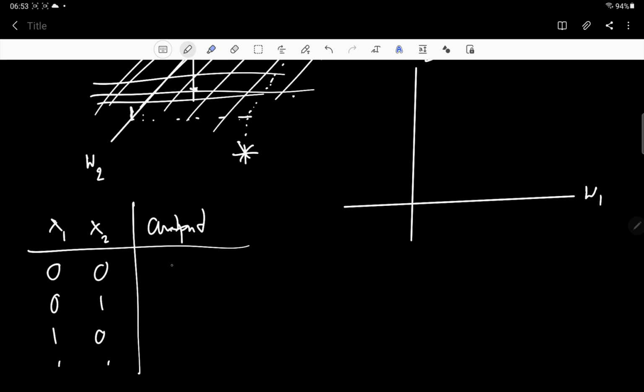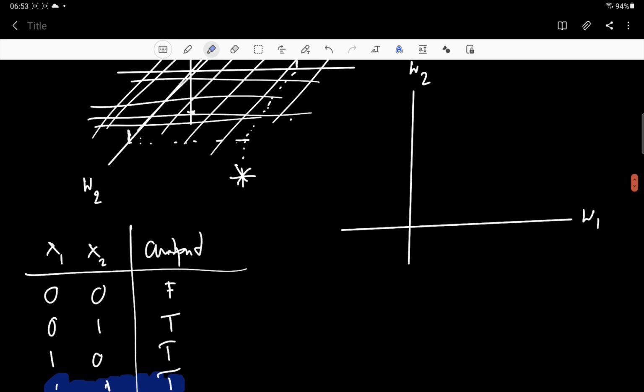The output is, of course, false, true, true, true, right? I'd like to demonstrate the last one first, because it is the easiest example to demonstrate in this space.